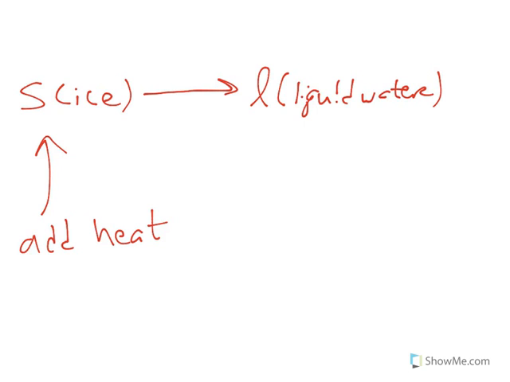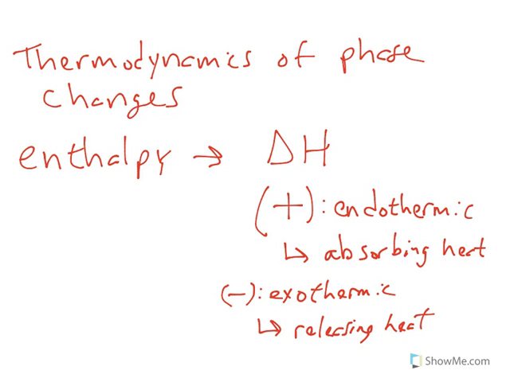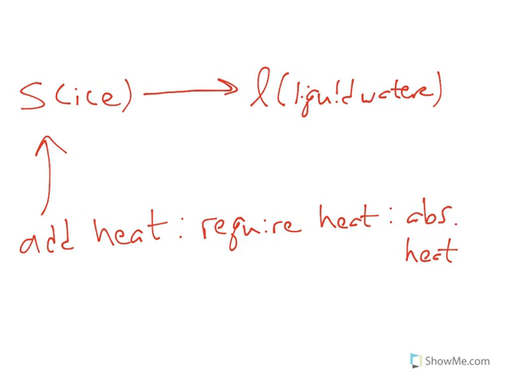Well, adding heat means that we require heat or absorb heat. So going back to our definitions here, is this an endothermic process or is this an exothermic process? Well, the correct answer is that it is an endothermic process.